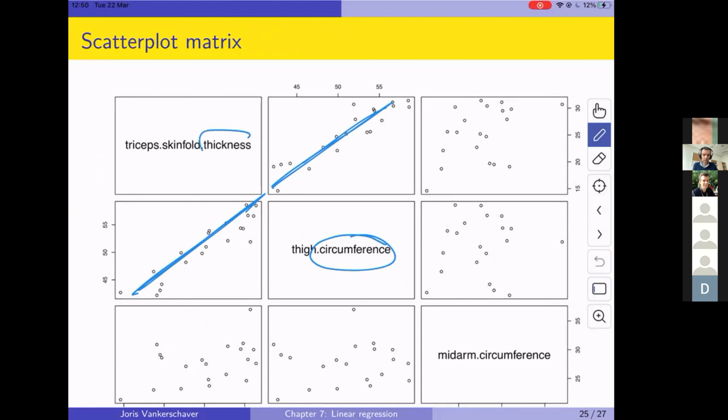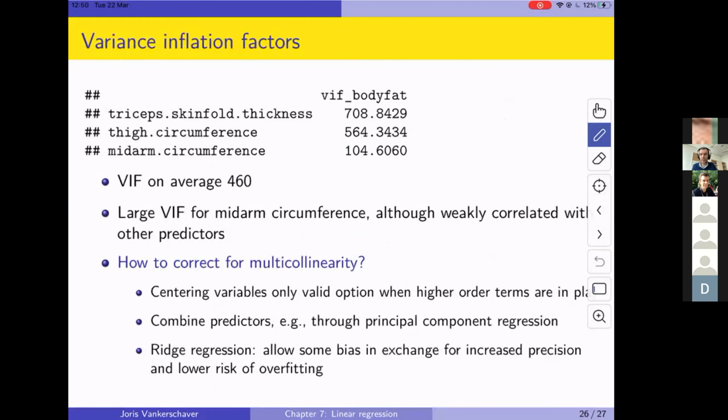Correcting here, like centering, is not going to help. What you have to do is something more complex, like combining predictors in a certain way so that you have one combination that captures both, and one can do that with principal component regression, which is outside of the scope of this lecture. So I will not do this example.